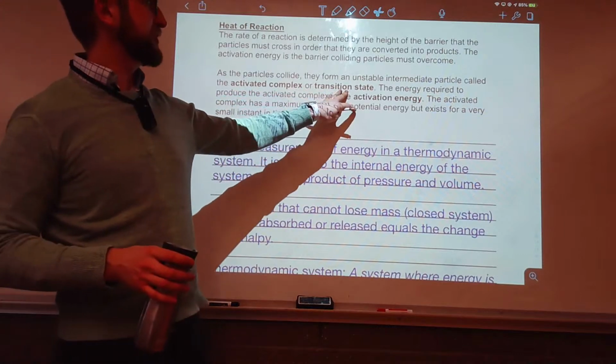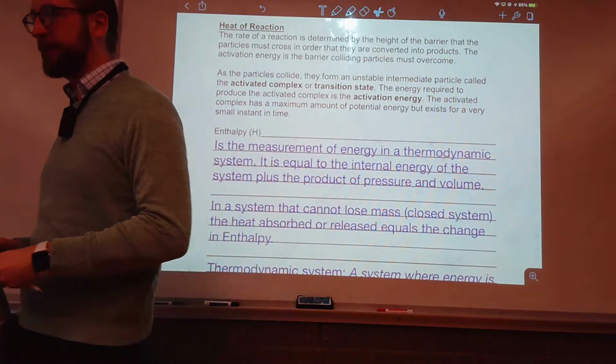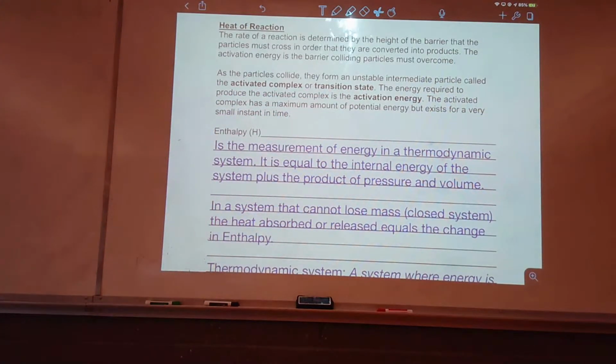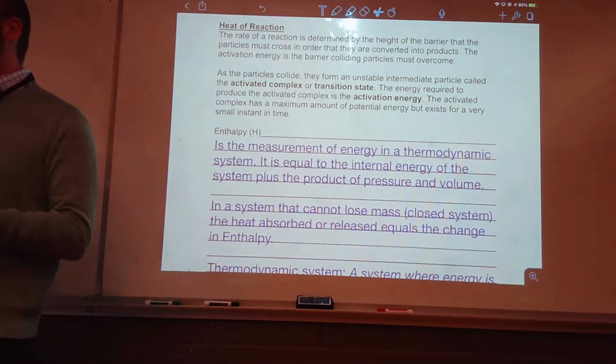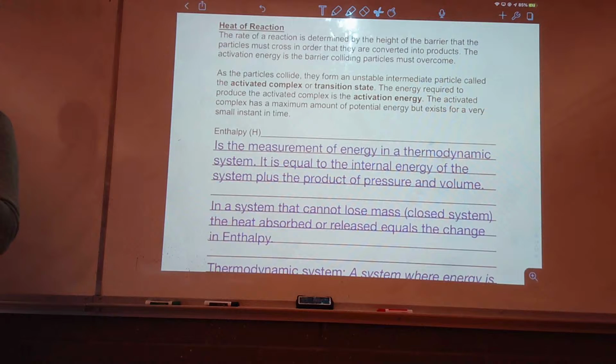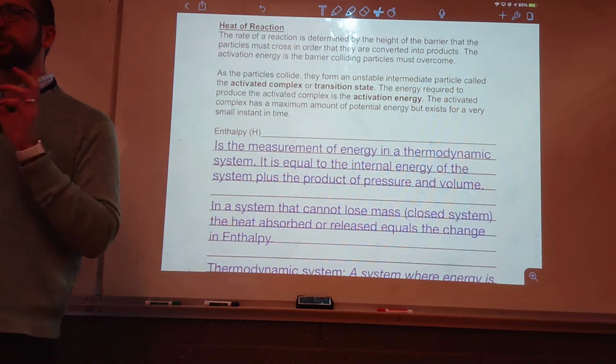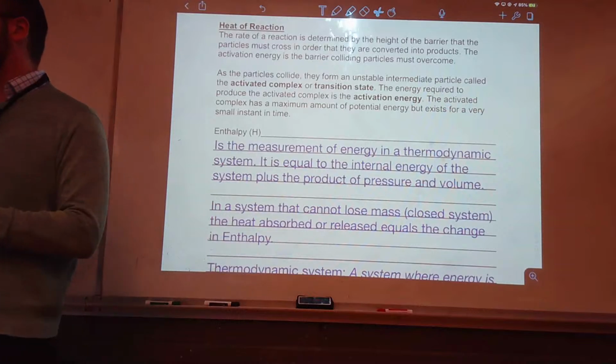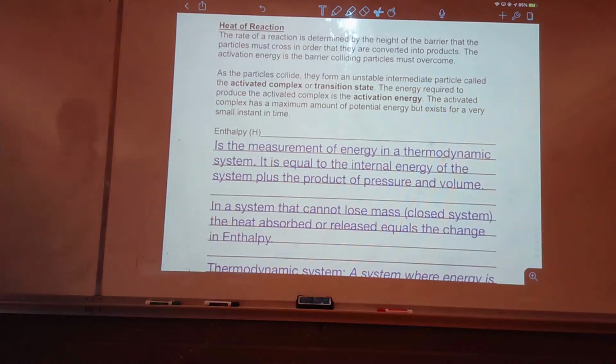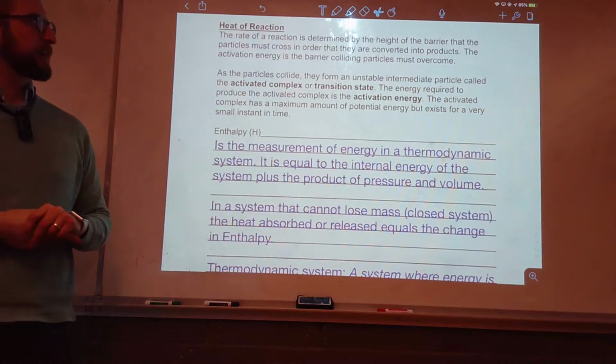So the activated complex or transition state. I prefer transition state. That's the terminology I've always used and always learned to use. State is a very physics terminology. It's the idea that if you could take a snapshot of all of the energy and position of molecules, pressure, temperature, all at a given point, what would that look like?